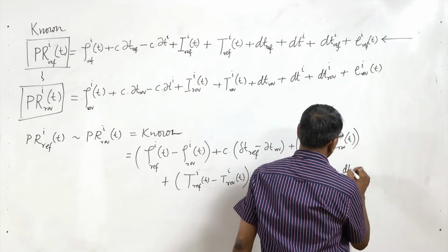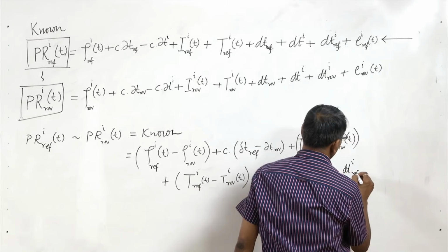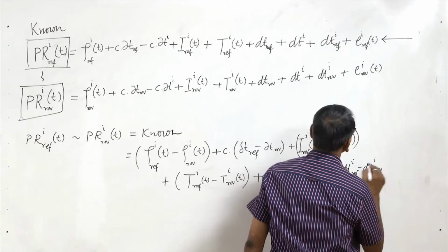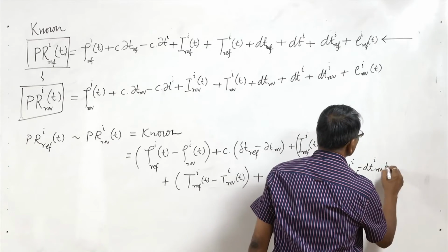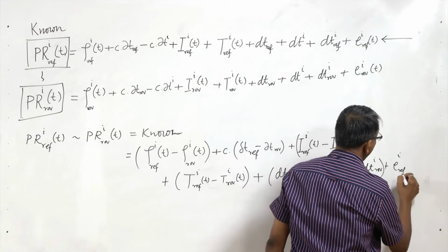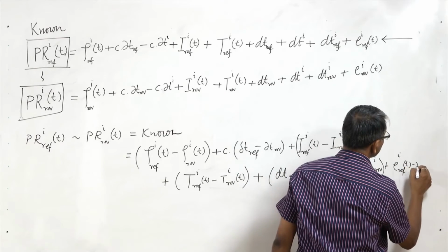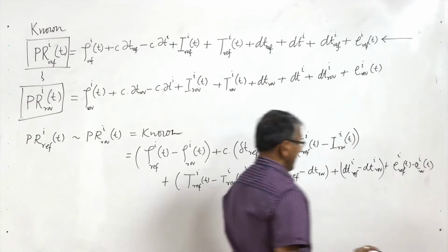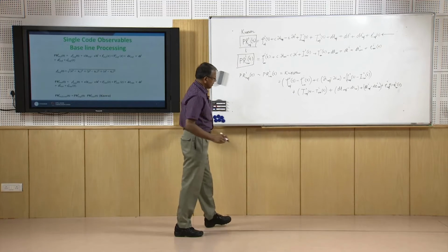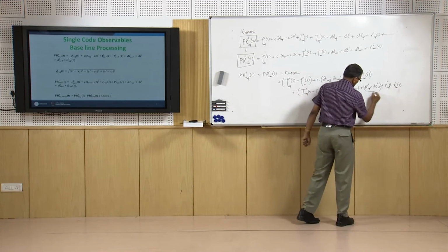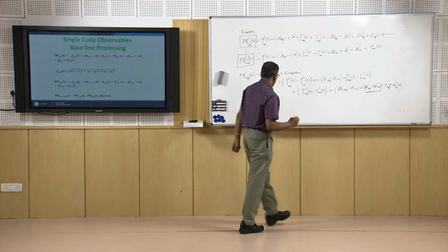Then multipath error will also be there, and of course random error will be there. So, these errors will be minimized, but we do not know about them anyway.